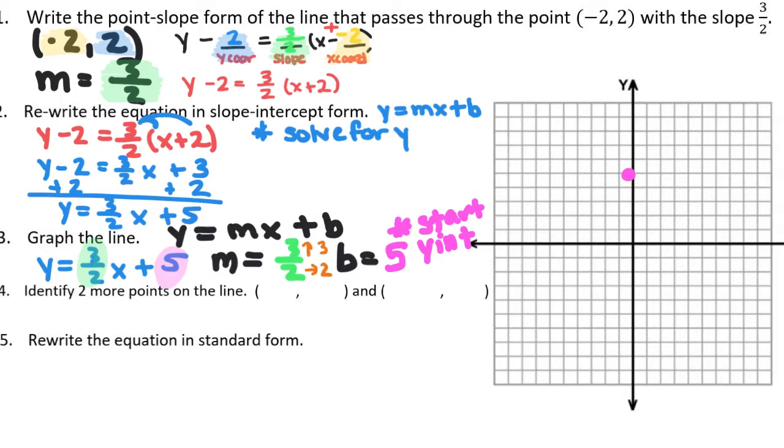So if I graph, I'm going to go up 3 units, and then over 2 to put my next point. And you can continue to add points, so I can go down 3 and left 2, and down 3 and left 2 again. And then you're going to draw in the full line for your equation.